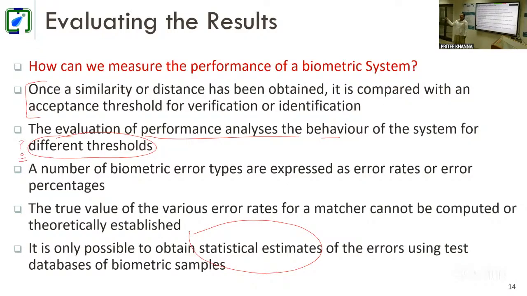How we fix the threshold is based on the probability of the match score. So based on that we decide our threshold, and you can see the estimates on the test database.